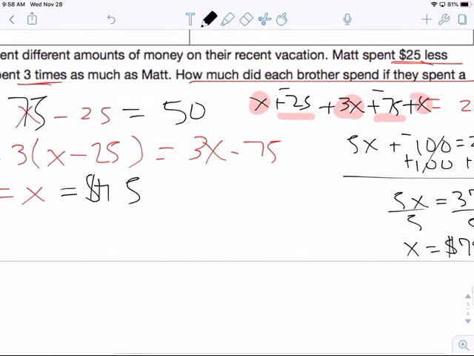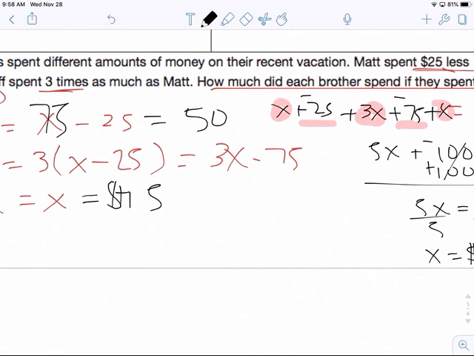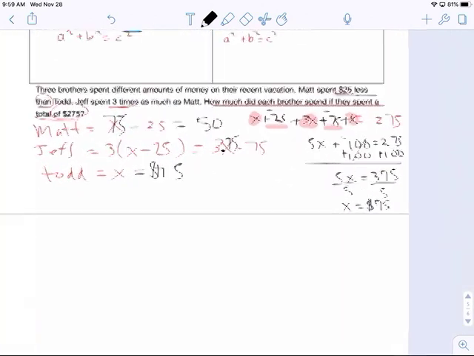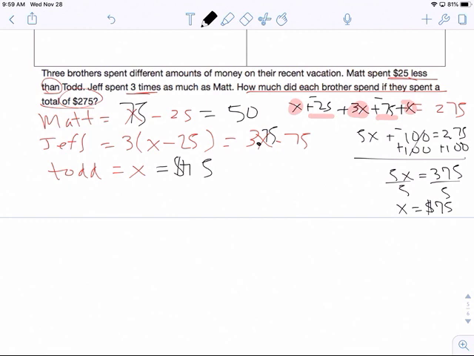If Todd spent $75, Matt then must have spent 50. Basically 50 times 3 is 150, right? So Todd spent $75.